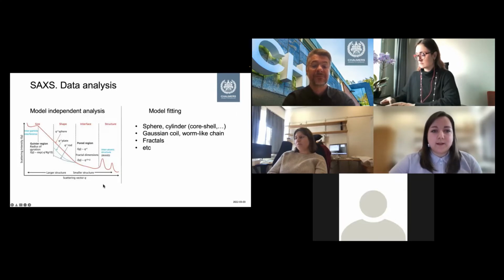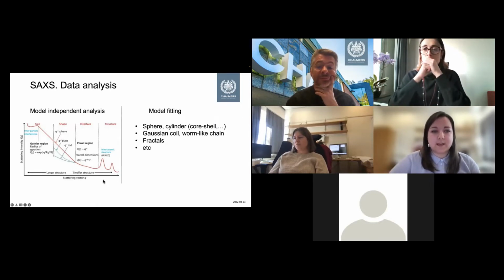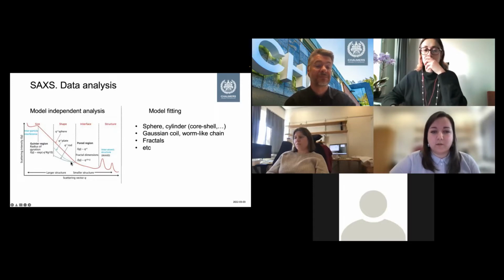In order to analyze the data, this is a general scattering curve that one could obtain. There are several things that one could do to analyze the data. Mostly it's either model independent analysis or model fitting. With model independent analysis, one usually looks at the slope of the curve, which can indicate the shape of the structure.